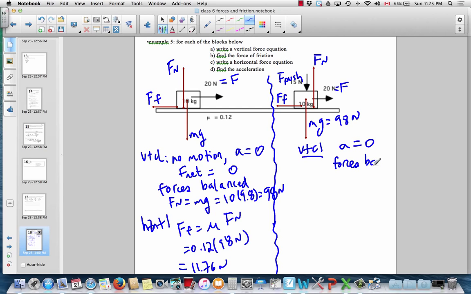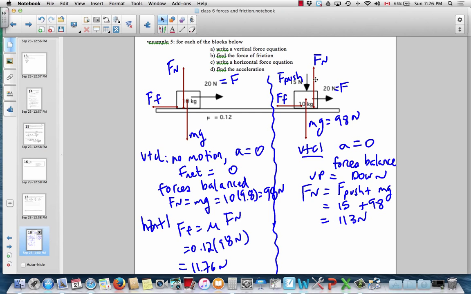The forces have to balance, but now there's three forces in the vertical direction. The only upwards force is normal force, but there's two downwards ones. There's the push and the weight. So because you're pushing down with 15 newtons, the normal force is bigger, and this is what we said earlier. So pushing down makes a bigger normal force.